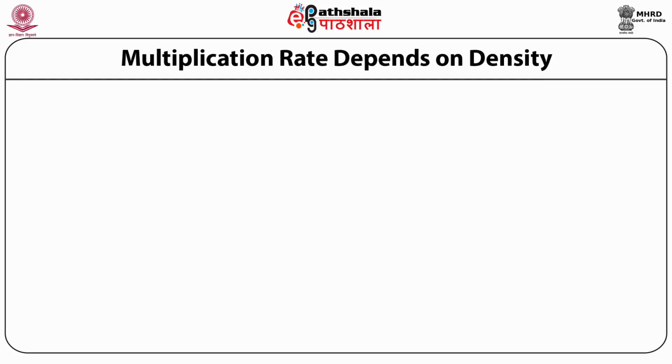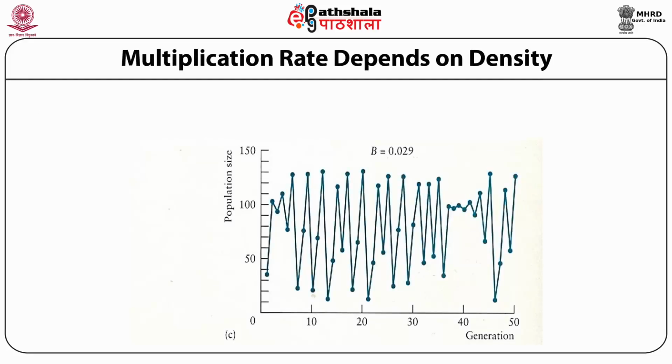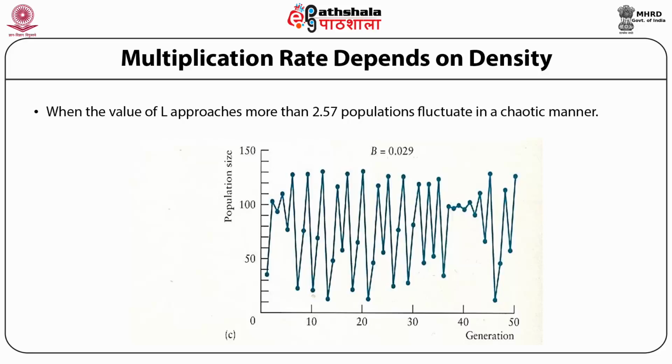When the value of B is increased to 0.029, you can see the fluctuations are very erratic and chaotic, and it can lead to the complete elimination of a population also. The value of L in this case approaches more than 2.57.